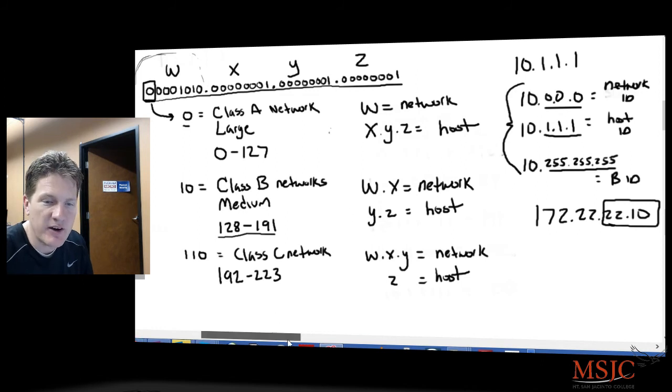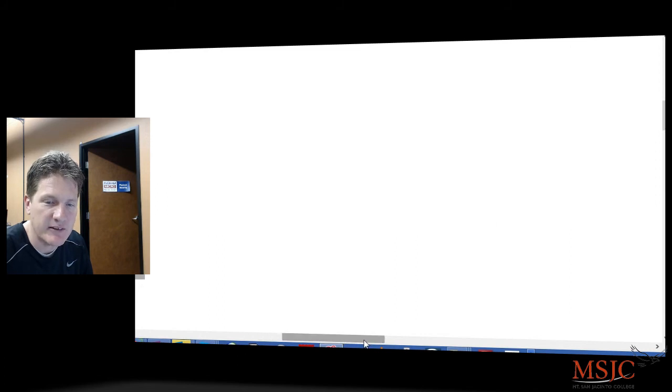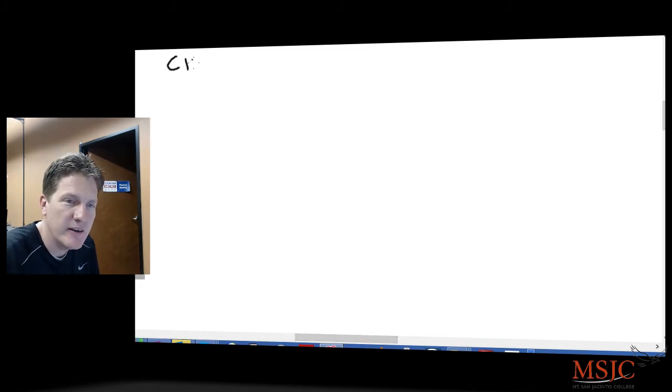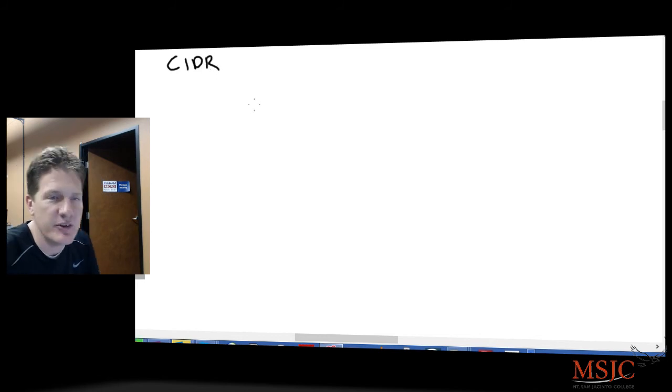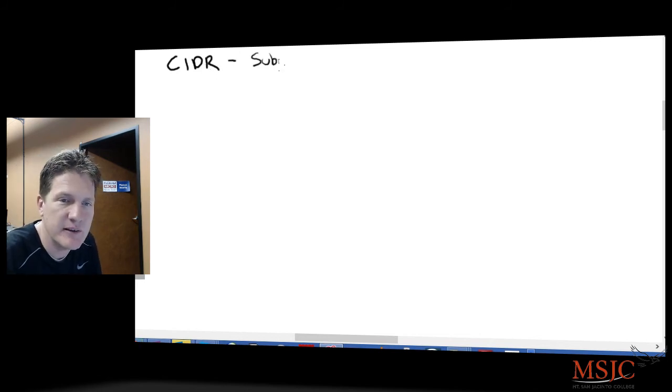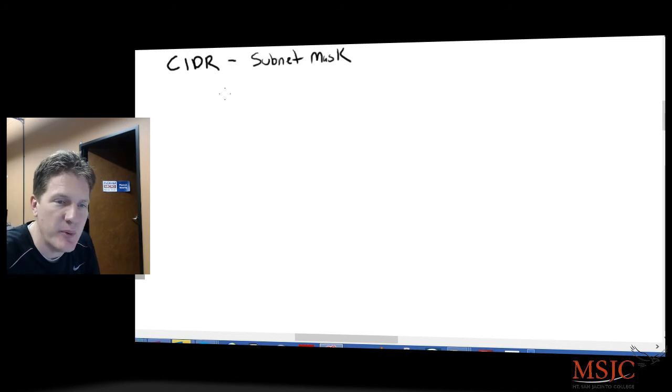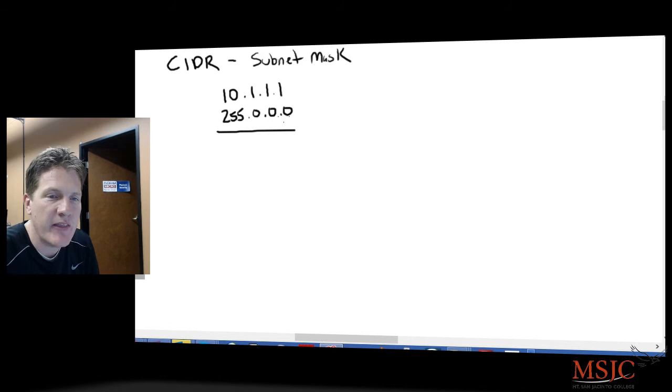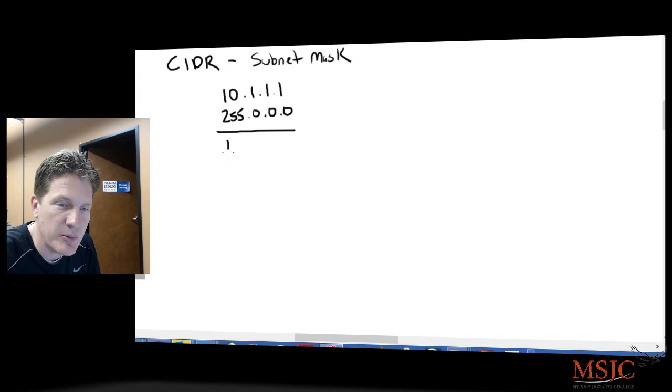However, CIDR does this differently. Let's describe what that is like. CIDR introduced this concept called a subnet mask. Instead of using the first few bits, if you have an address like 10.1.1.1, you would get a second 32-bit address called a subnet mask. Then, using the process of ANDing, you AND the IP with the mask and you get the result.